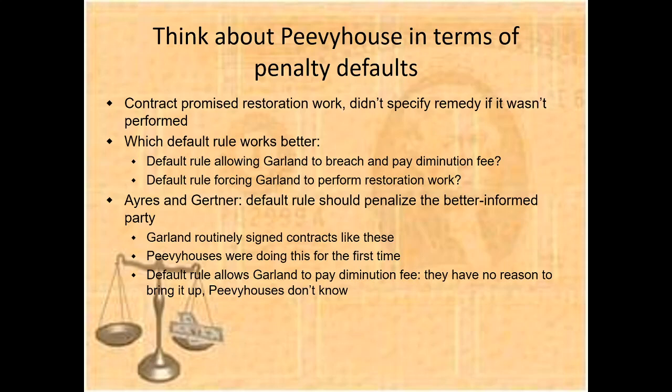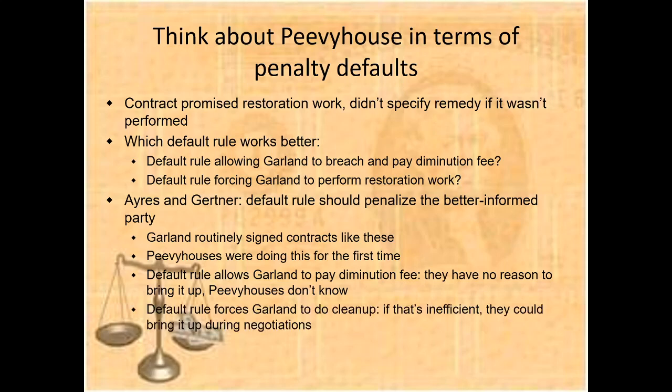Suppose that is the case. Then a default rule that allows Garland to pay the diminution fee gives them no reason to bring it up, and PV House doesn't know about it. A default rule that forces Garland to do the cleanup, if that is inefficient, means they could bring it up during negotiation.